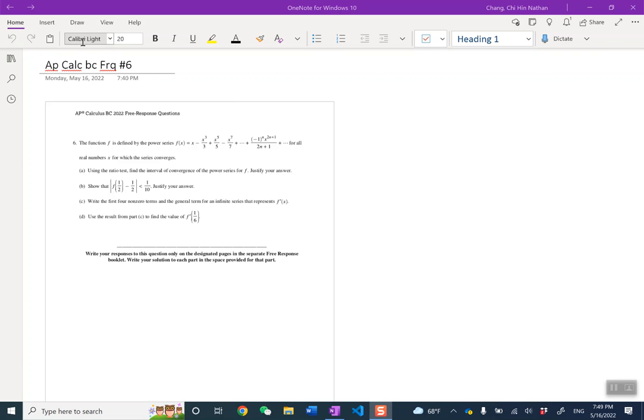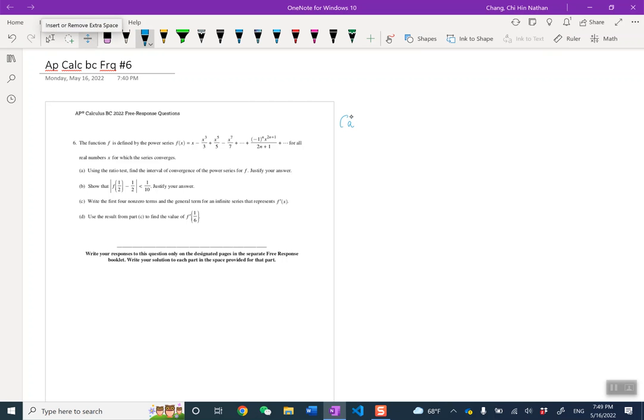And part A, using the ratio test, find the interval of convergence of the power series for f. Justify your answers. So remember that the ratio test is pretty easy. We can just write x^(2n+1+1) over 2n+1+1, times 2n+1 over x^(2n+1).